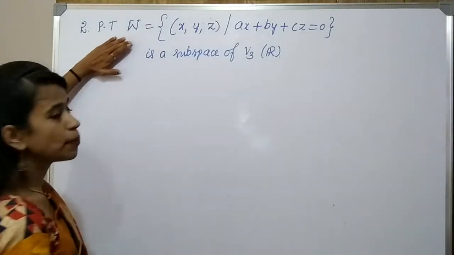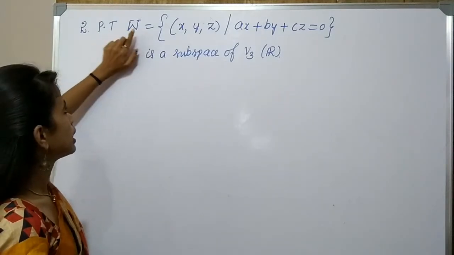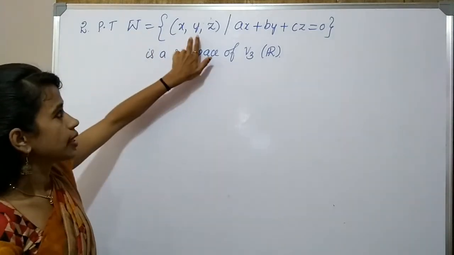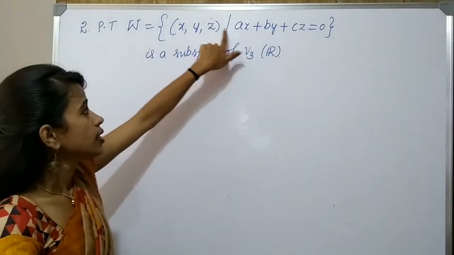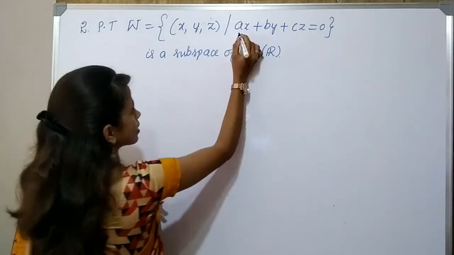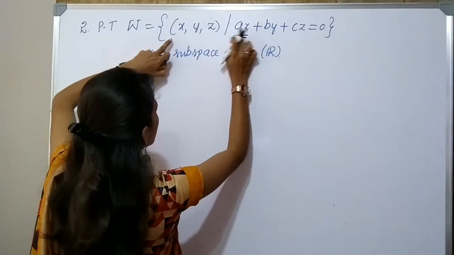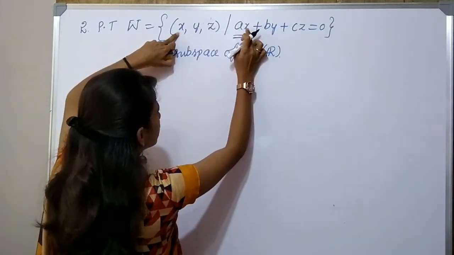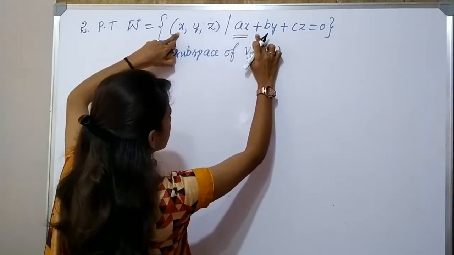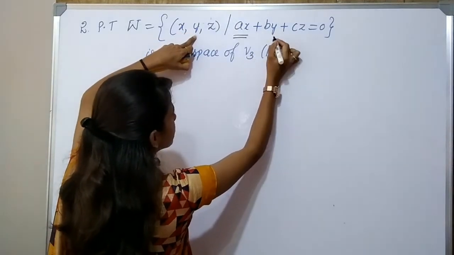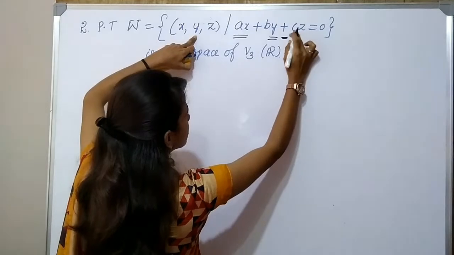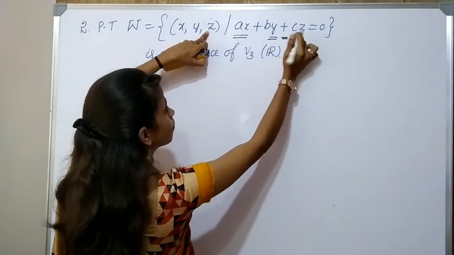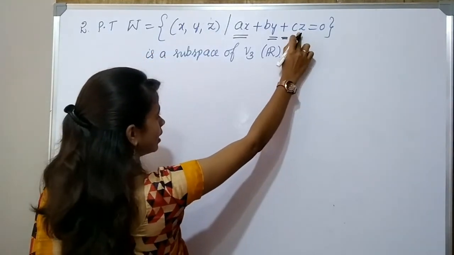Here is the second problem. Prove that W is equal to the set of all triplets (x, y, z) such that ax plus by plus cz, that is, a multiplied with the first coordinate, b with the second coordinate, and c with the third coordinate z.